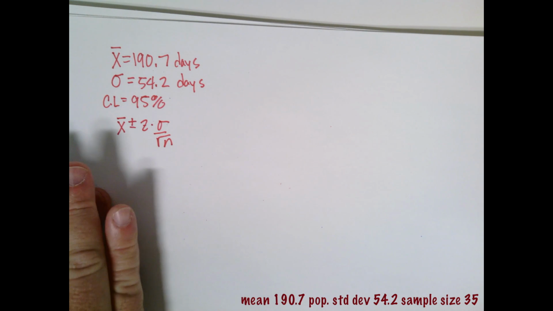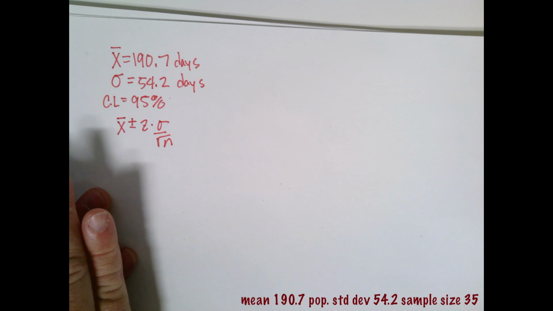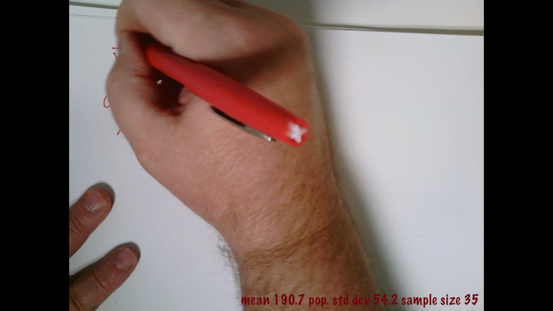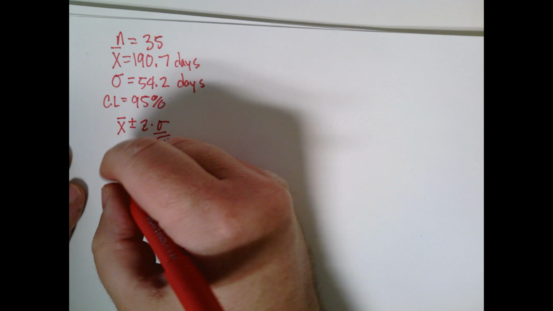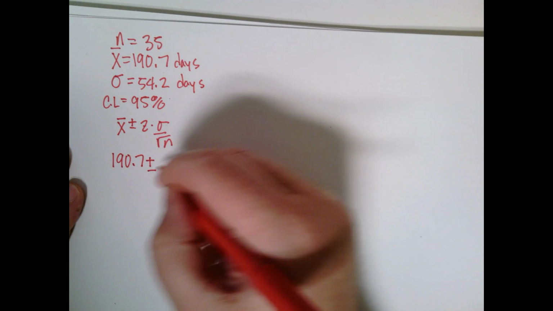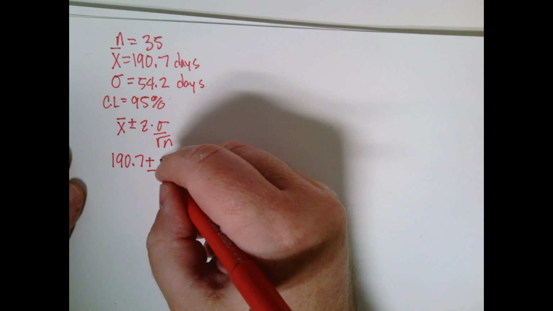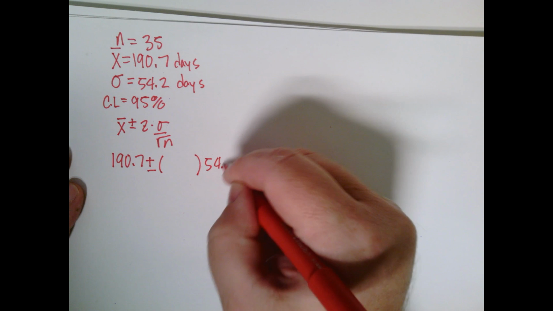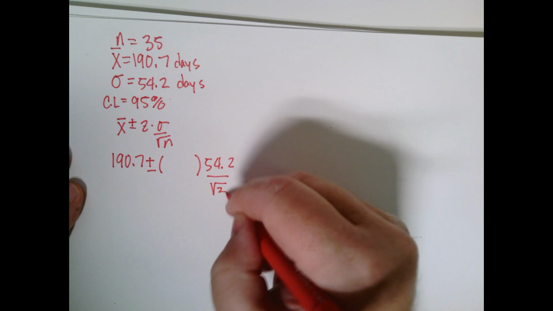The only thing I've left off here is n, and if I go back to the problem, the growing season for a random sample of 35 cities, so n is 35. Now I just have to plug in my numbers: 190.7 plus and minus 54.2 over the square root of 35.